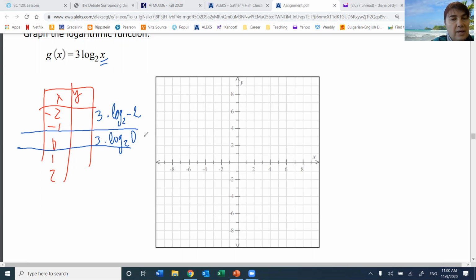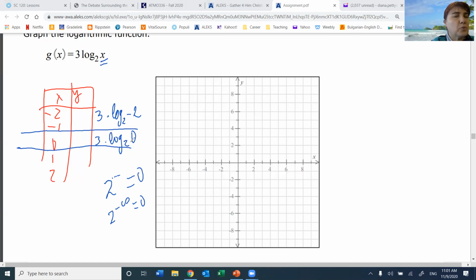So we actually just found the asymptote, right? To which exponent is the question? 2 to the exponent equals 0. Well, 2 to the negative infinity would equal 0, kind of, right? Okay, this is the asymptote.